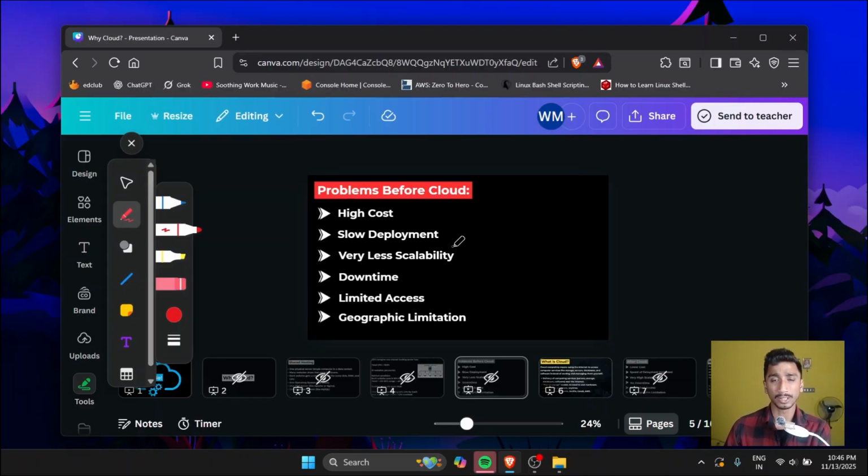Very less scalability: if your website gets popular, you have to buy a whole brand new server for that, which is also time consuming and less scalable. Downtime: let's say you buy a server and all of your businesses are connected to only one server.